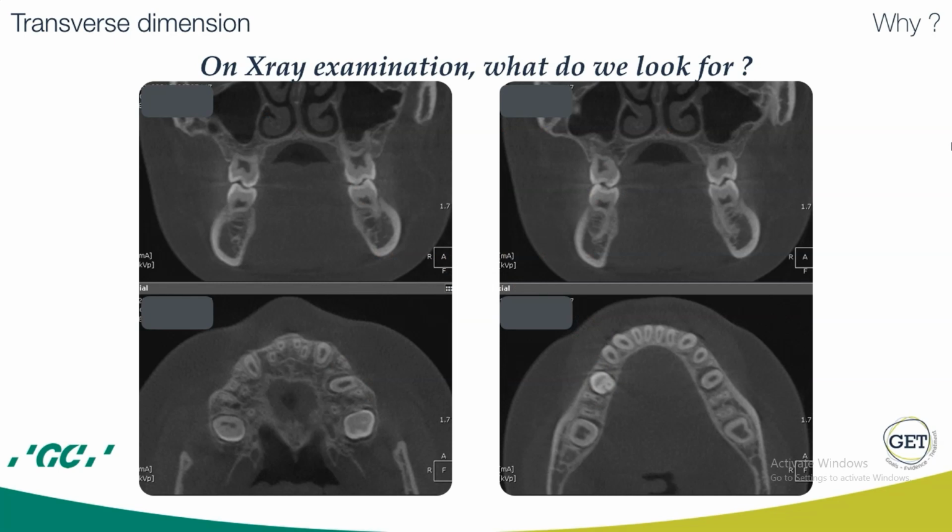But even if we take a CBCT, what do we look for on the CBCT? Are we looking where we have to look, where we should look, or are we just looking and maybe we are going to see something there?